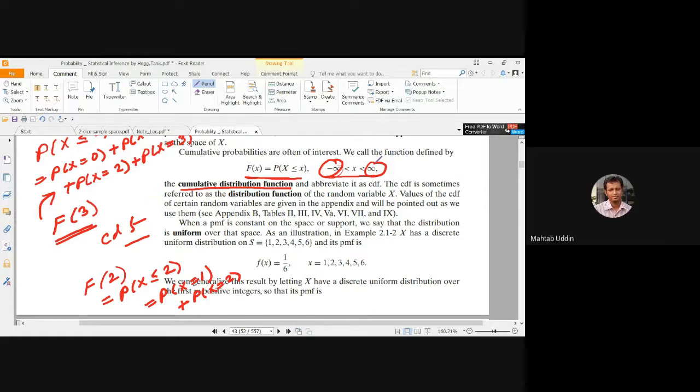The value before the minimum value has probability 0, and the value after the maximum value also has probability 0. Like in a dice, before 1 the probability is 0, and after 6 the probability is also 0. Do you understand? Yes, sir.